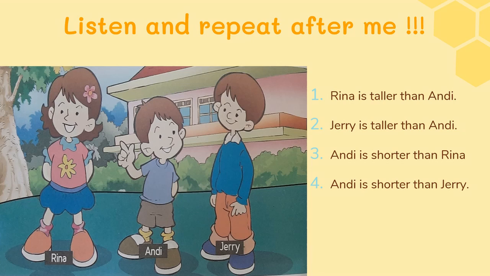Andy is shorter than Jerry. Good. Okay. Now, those 4 sentences show the comparative degree. They show comparing one to another.